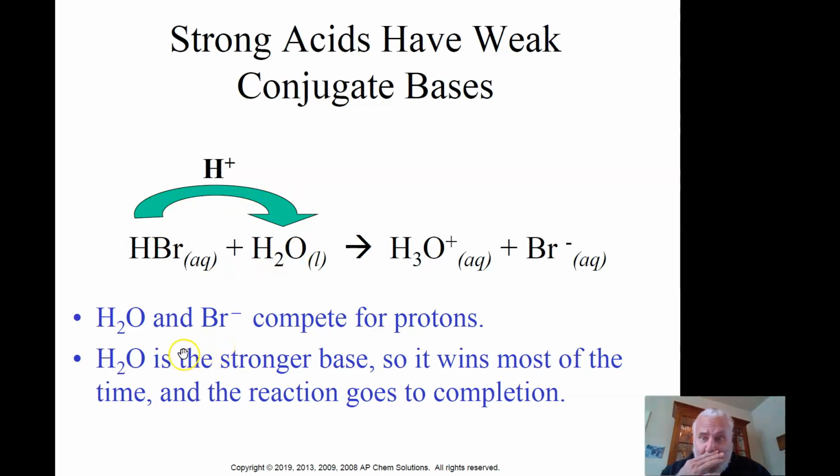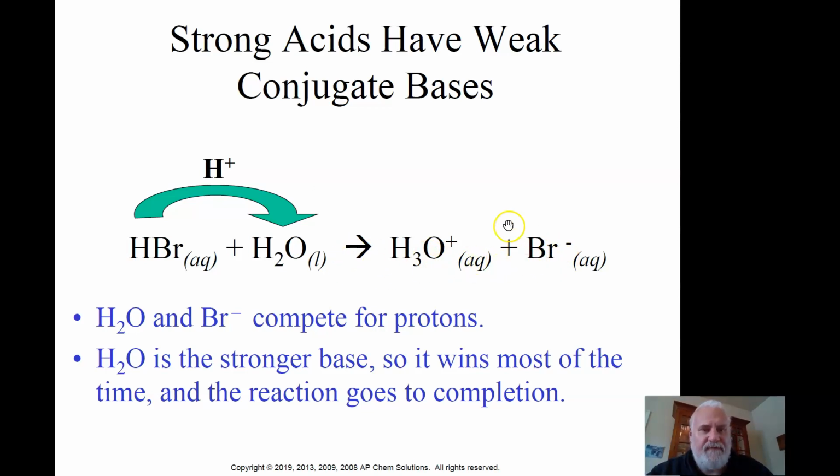As it turns out, this being a strong acid is going to be a very weak base if you're competing for a proton. So it's like, man, this is the guy. I got tons of these. Go ahead, yeah, take that proton. And then the water will take that, and then therefore the reaction goes into completion.